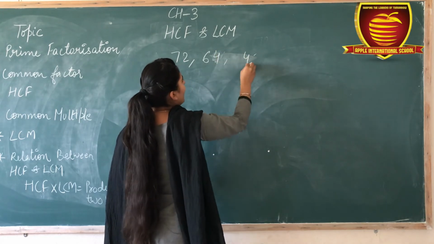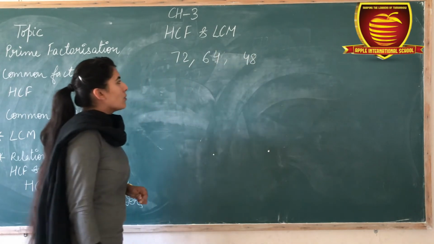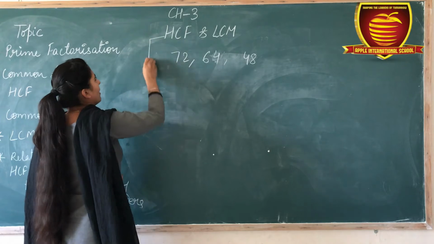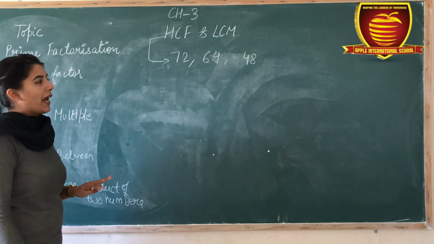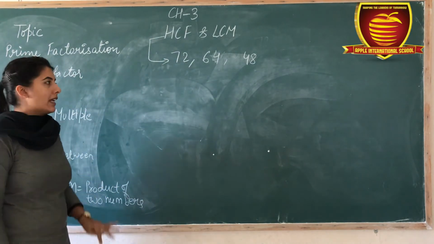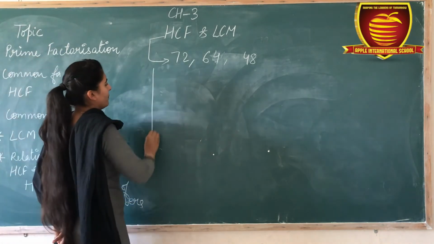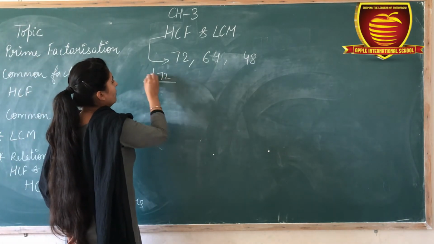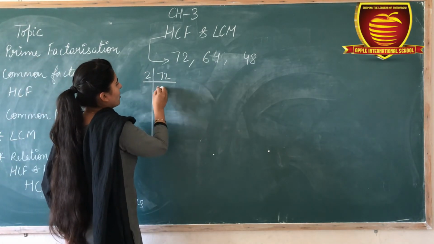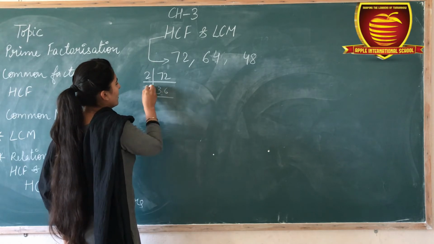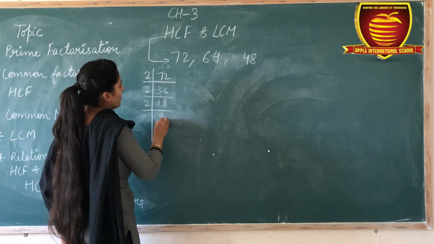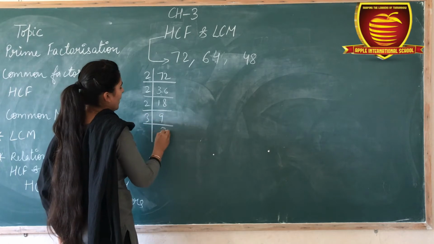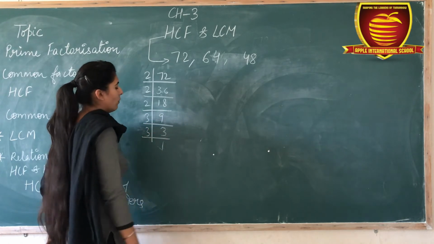For finding the highest common factor, firstly we have to do a prime factorization of all these three numbers. 72, firstly do a prime factorization. 72 is 2 times 36, 36 is 2 times 18, 18 is 2 times 9, 9 is 3 times 3, 3 is 3 times 1.